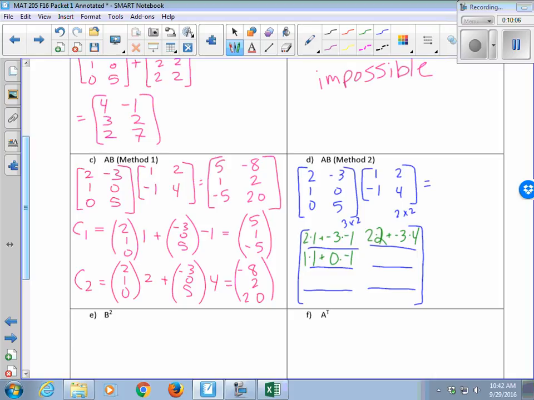So now I'm going to do row 2 of matrix A times column 2 of matrix B. That's going to go in row 2, column 2 of the answer. So it's going to be 1 times 2 plus 0 times 4.